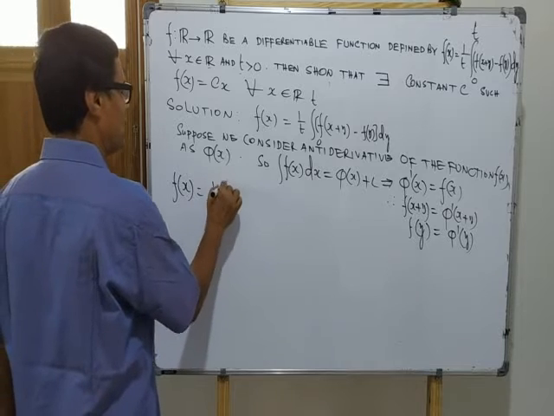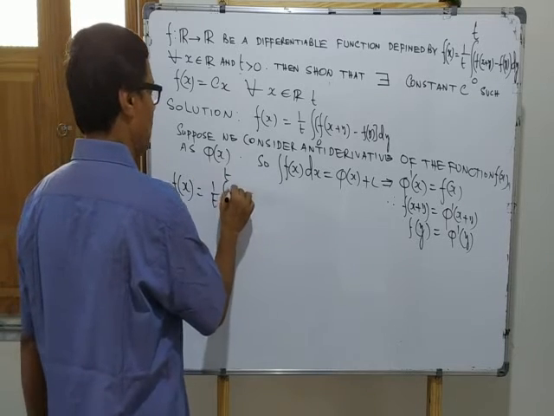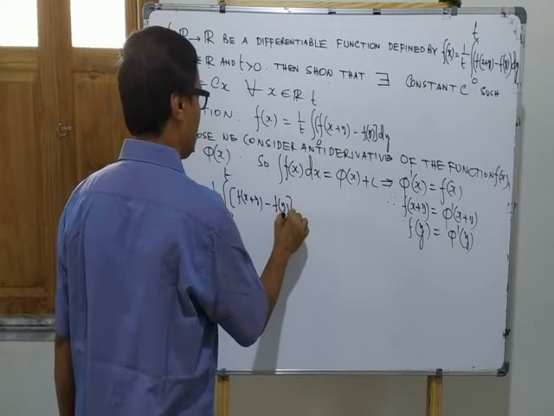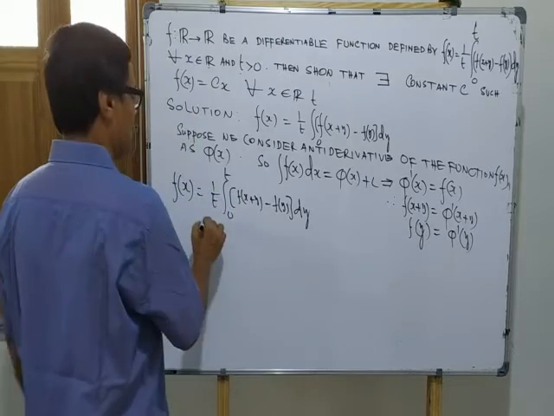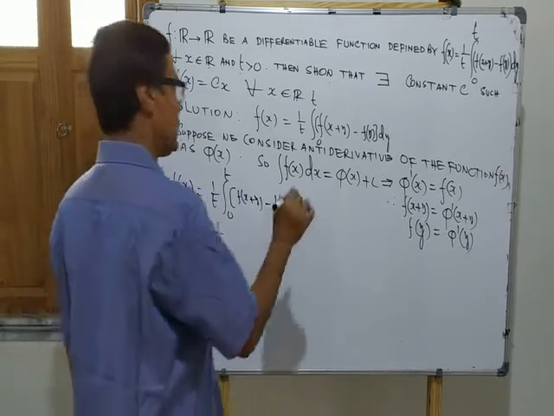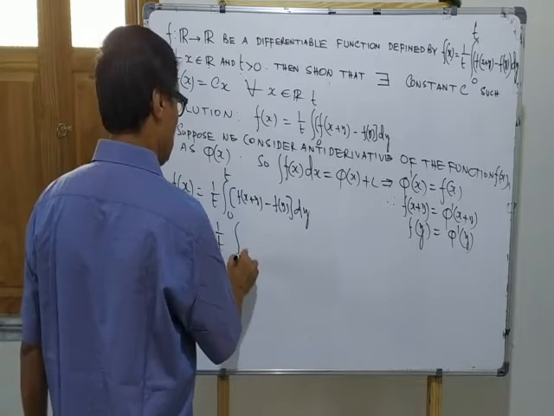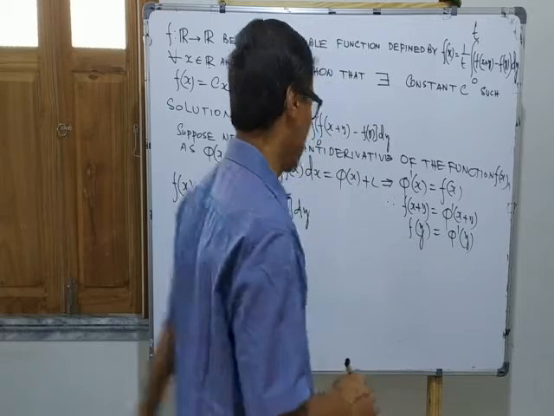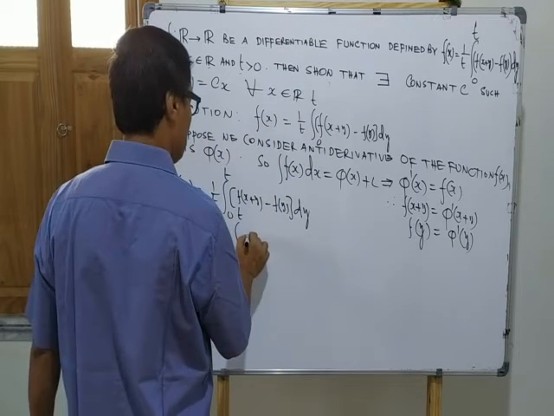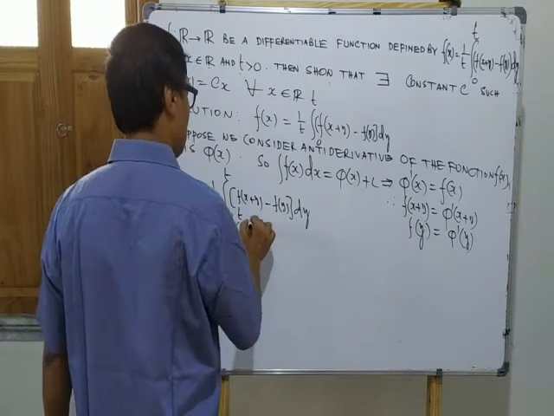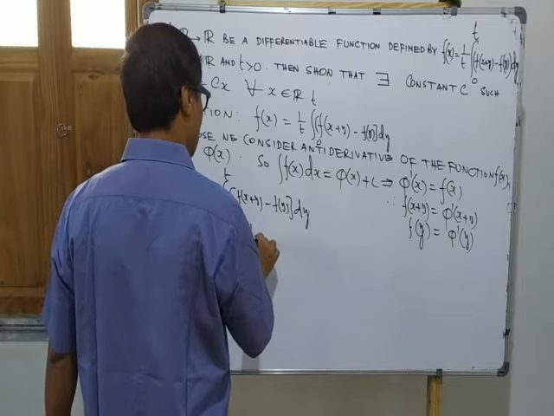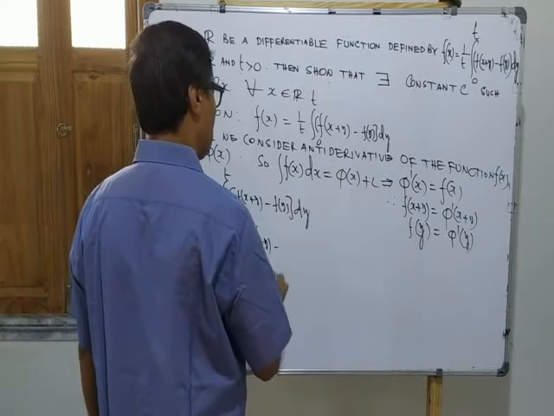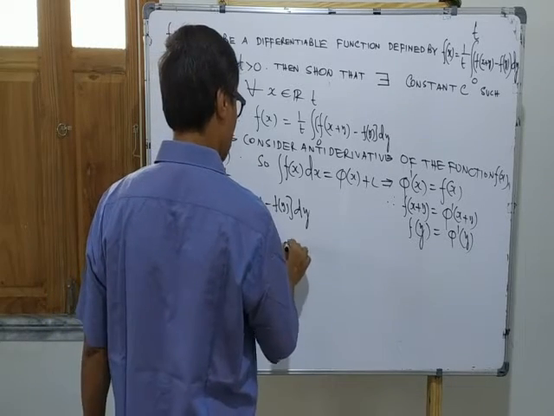We can put those relations in this functional equation. So we can put these values of f(x plus y), whose value is phi dot (x plus y), minus f(y), which is phi dot y.